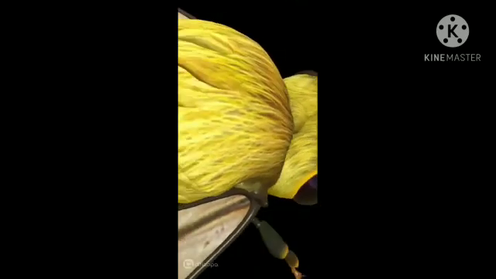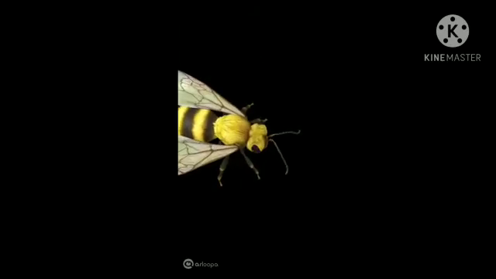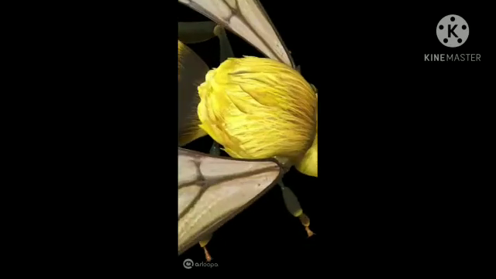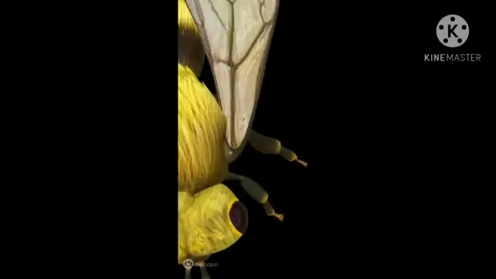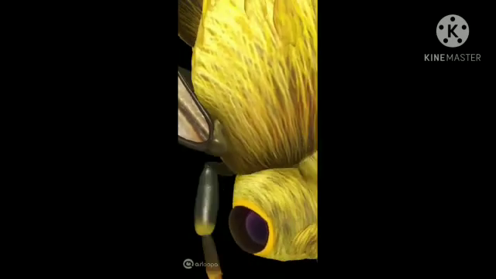The eye is made up of many small units, which are called ommatidia, so it is a compound eye. And it has 3 pairs of legs.